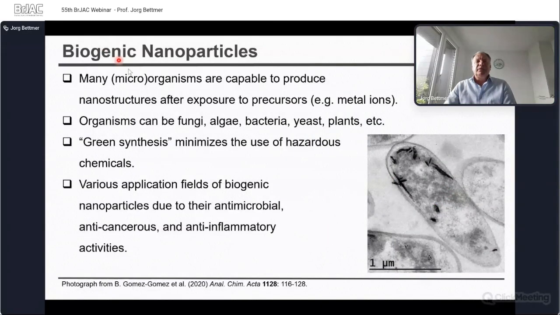So, why are we so interested in biogenic nanoparticles? Because first of all, we have a huge variety of microorganisms that are able to produce these nanostructures, just by putting them into contact with a precursor, for example, metal ions.